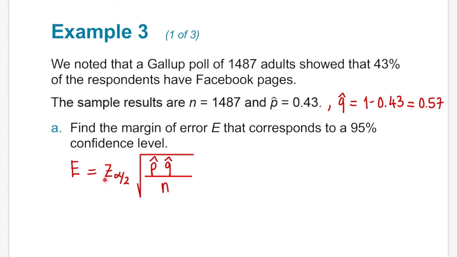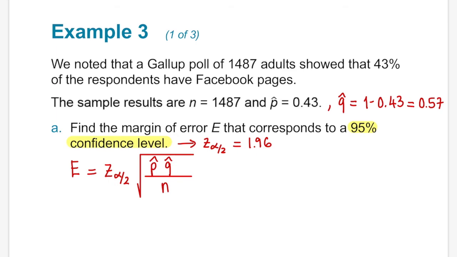z of alpha half, corresponding to a 95% confidence level, we found in example 2, so we are going to use it. If in this question they ask me to find E that corresponds to a different confidence level, I have to find z of alpha half. Since they are using the same example that we used in example 2, I already have it, which is 1.96.